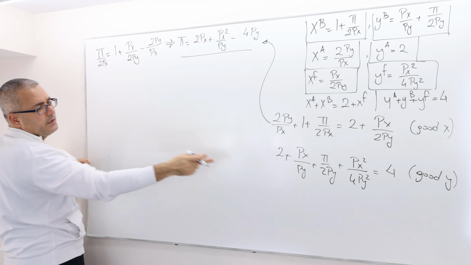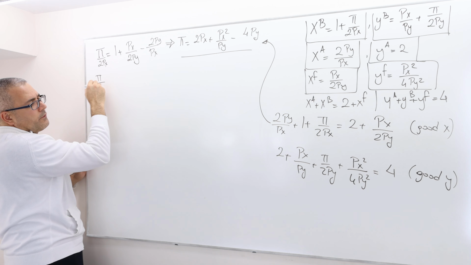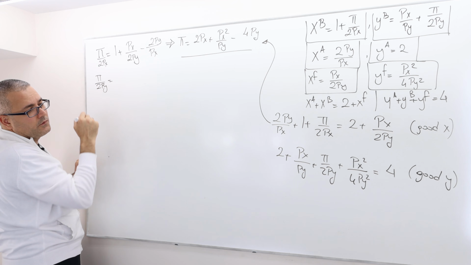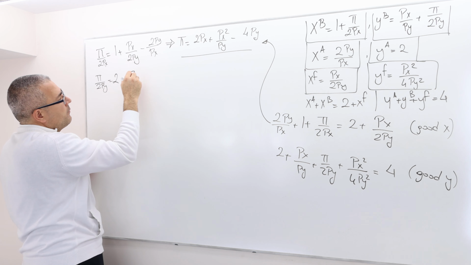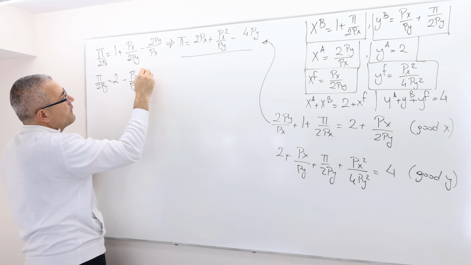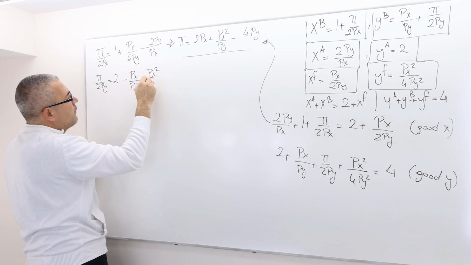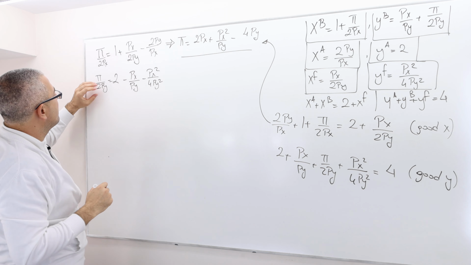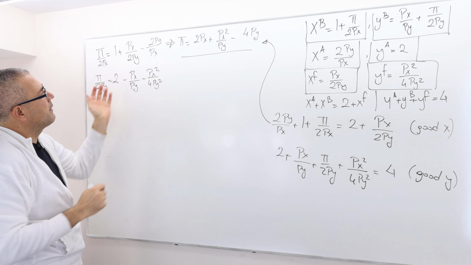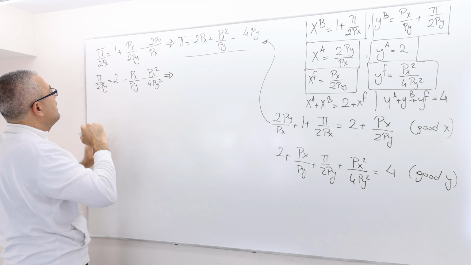And then from the second equation, pi over 2py equals 4 minus 2 minus px over py minus px squared over 4py squared, right? And then I'm going to get rid of this 2py by multiplying both sides by 2py.